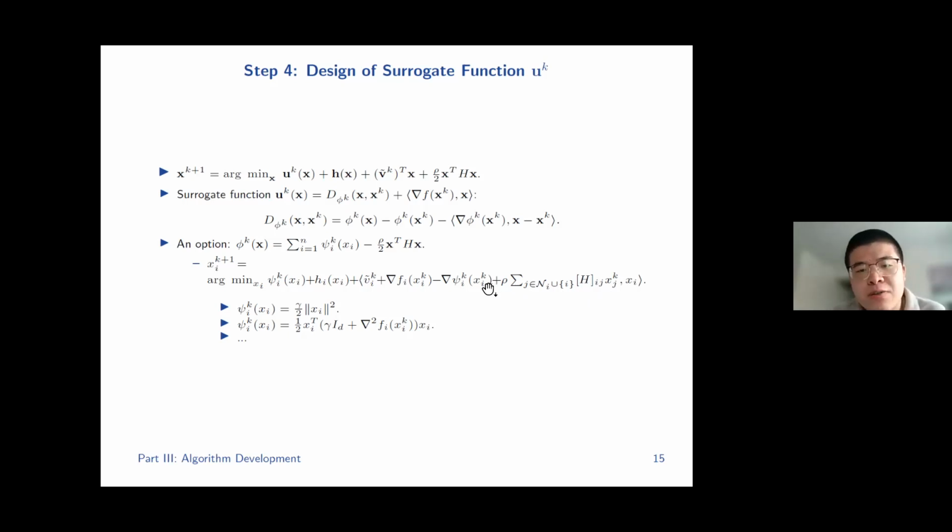We provide 2 options of ψ_i^k. For example, ψ_i^k can be a quadratic term, a norm square, or it can be in this form. For the first option, the resulting algorithm will be a first-order algorithm, and for the second option, the resulting algorithm will be a second-order algorithm.